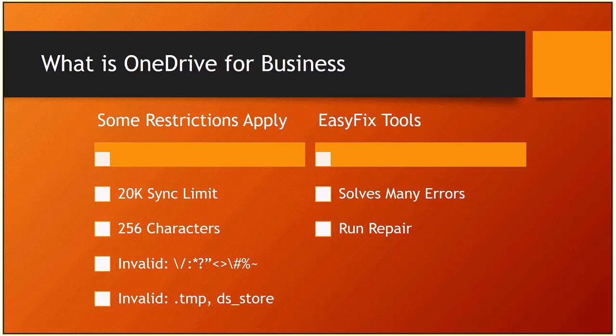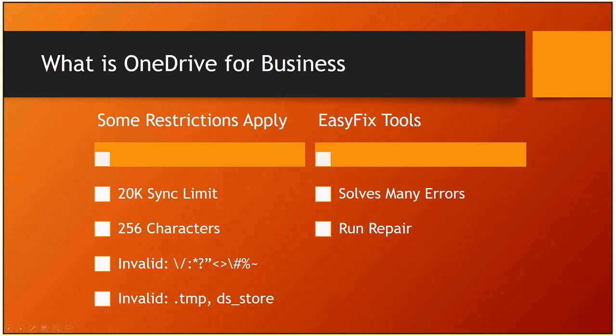It also won't sync temp files, which is good. You don't want to waste space and sync tool time synchronizing temp files. You will, I guarantee this, at some point have errors with the synchronization because of one of these issues. There are tools to fix them.